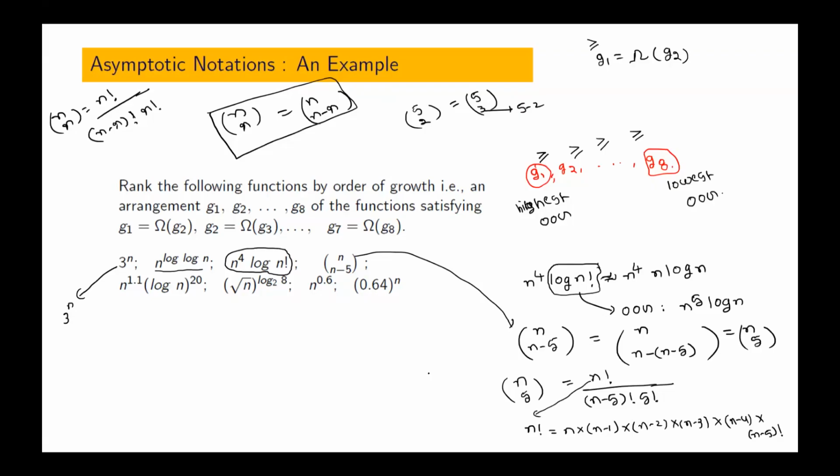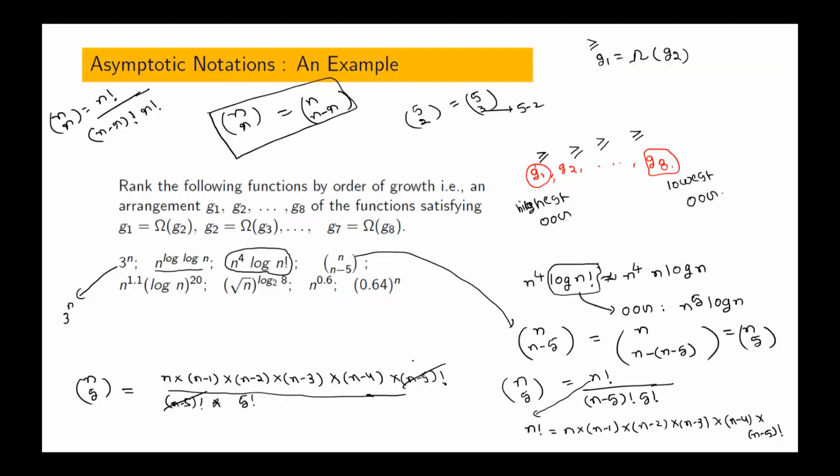So what is the value we get in place of n factorial if I substitute this? n into (n minus 1), (n minus 2), (n minus 3), (n minus 4) divided by 5 factorial, because (n minus 5) factorial gets cancelled. Now if we simplify, what is the highest order term? n power 5.